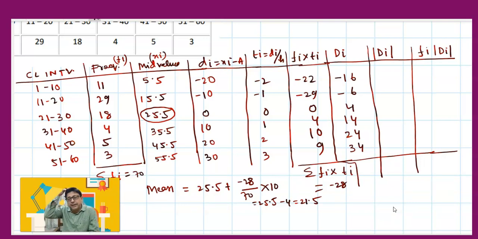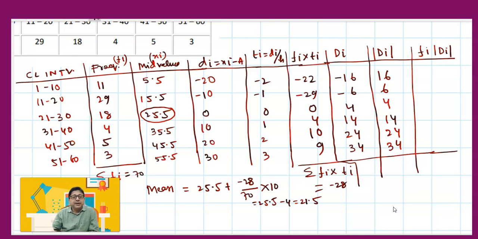We need not find sigma di. We need to find mod di. It is 16, 6, 4, 14, 24 and 34. Now find 16 into 11, that is fi into di.